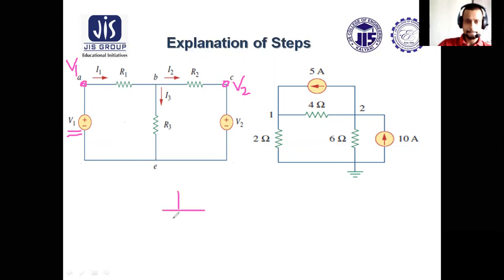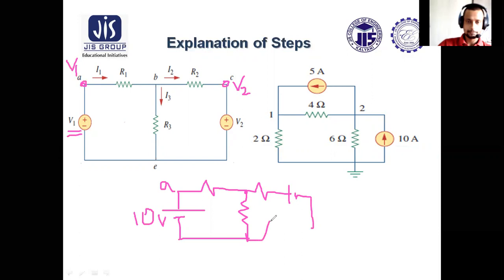Suppose this is node A, this is 10 volt. Now voltage at node A is 10 volt because node A is shorted with this 10 volt.